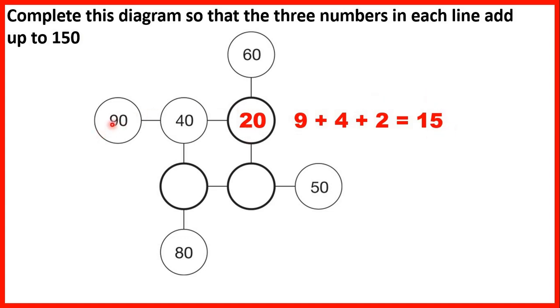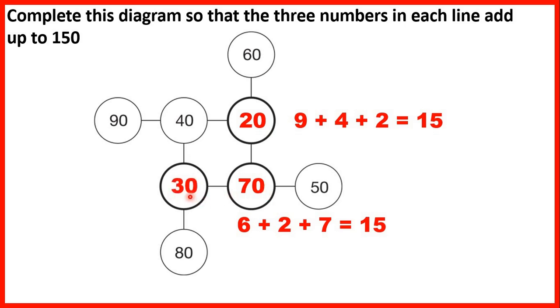And if we know that 9 plus 4 plus 2 is 15, then we know that 90 plus 40 plus 20 is 150, because we're adding multiples of 10, so numbers with a 0 on the end. And here we can have 70, because 6 plus 2 plus 7 is 15, and that means 60 plus 20 plus 70 must be 150.